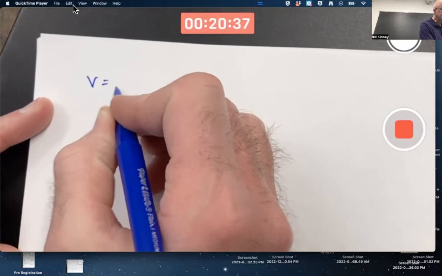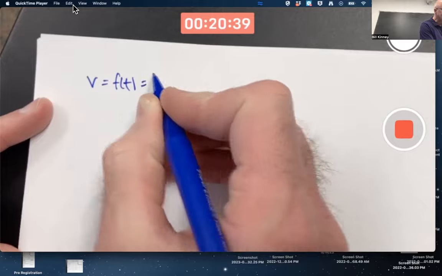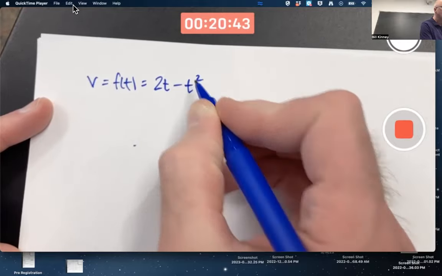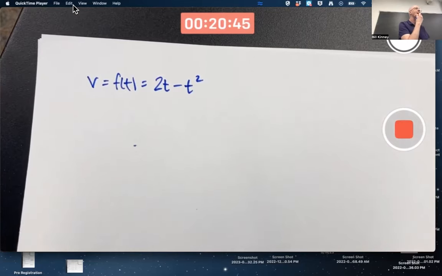V is f of t, let's make it 2t minus t squared. And let's think about this for the interval t going from, say, 0 to 5.